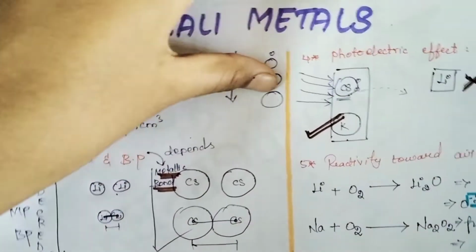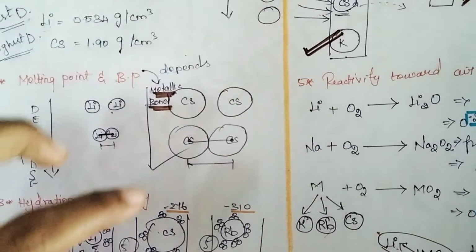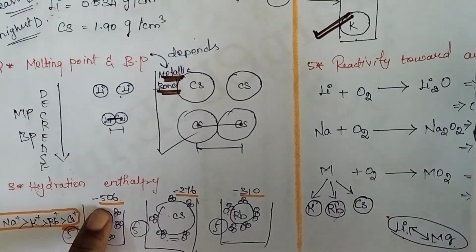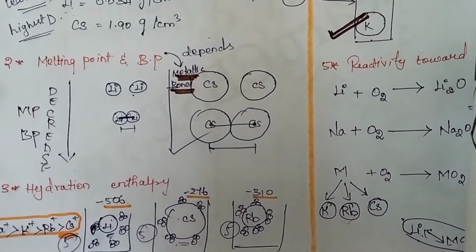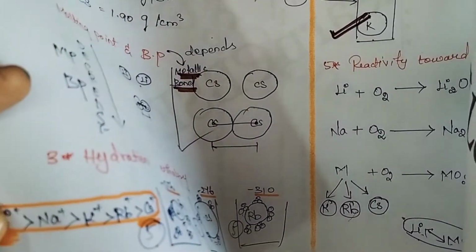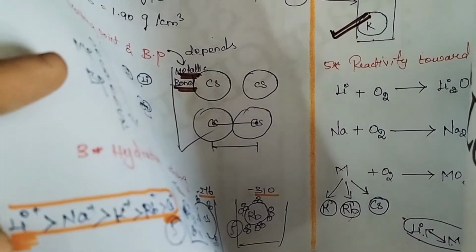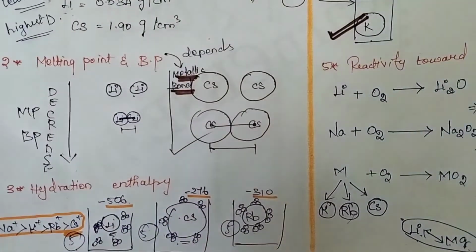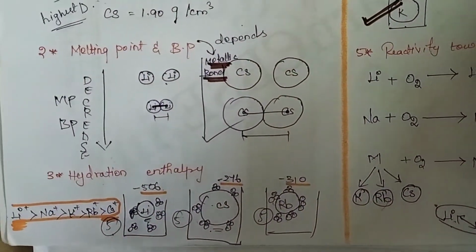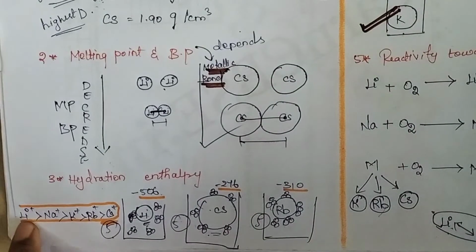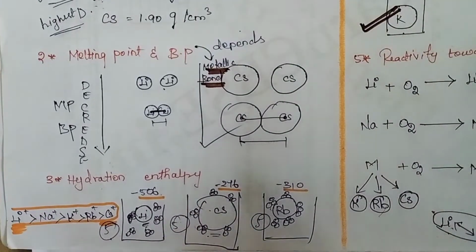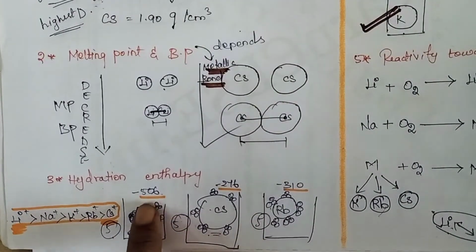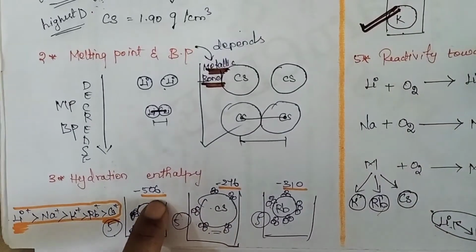Already we have seen this in hydration enthalpy. The more negative it is, the more easily they can be hydrated. So if you see here, lithium is more easily hydrated. They have more negative hydration enthalpy.